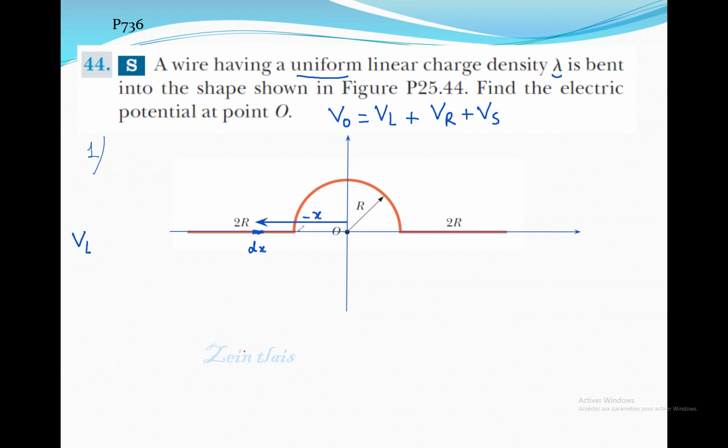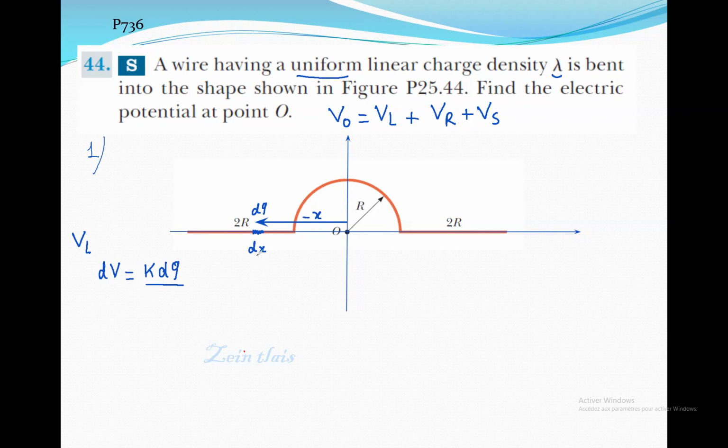First of all, I have to put the distance between O and dx. And second, here we have dq. dq will create at the point O dV equals to k dq divided by the distance between dq and the origin.